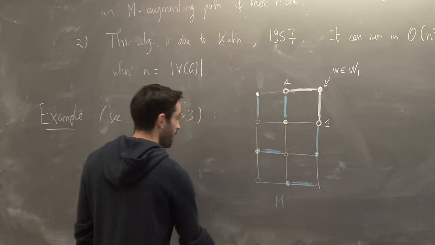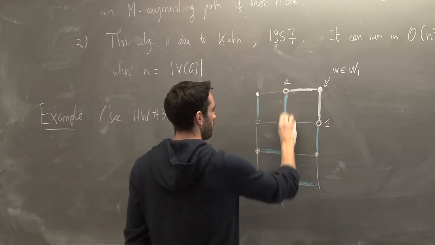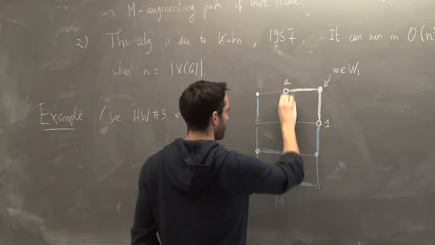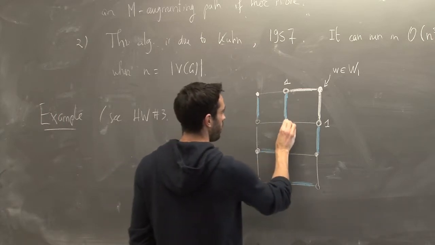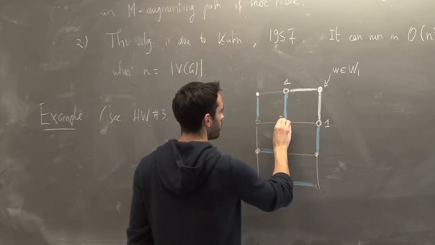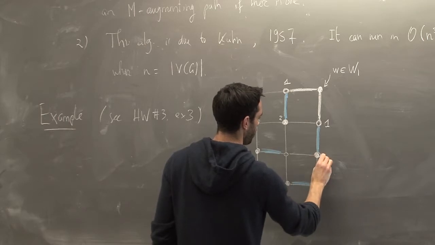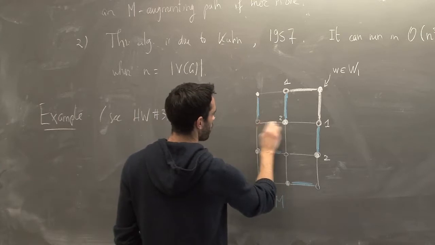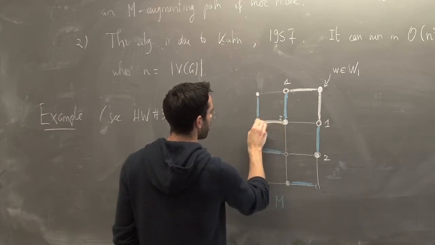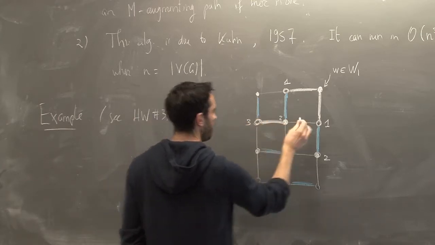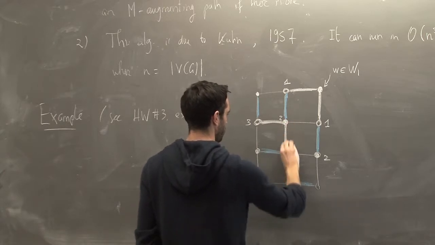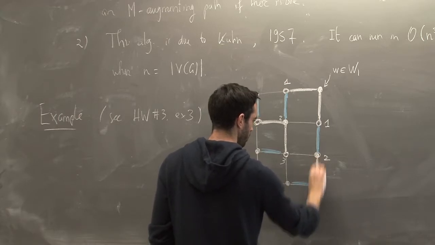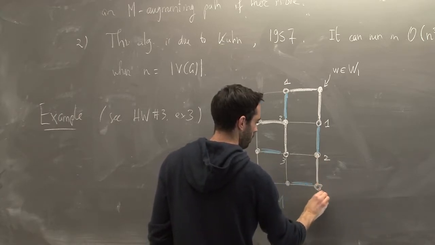And then next step, I look at these adjacent elements of M, and I find myself here at level 2, here at level 2. Then I continue, I go here, level 3, here, level 3, and here, level 3.